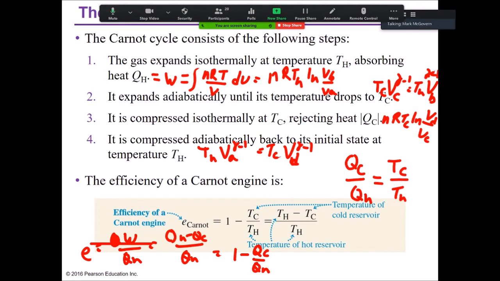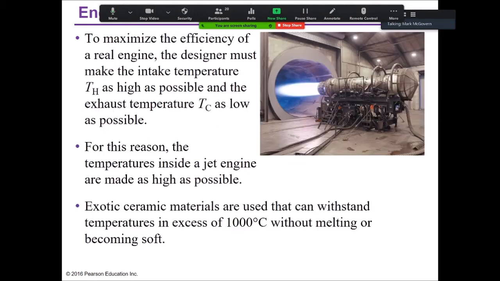Okay, anyway, I just want to emphasize one thing here, that's this relationship. The maximum efficiency engine has this absolutely wonderful proportion. We can relate the heats going in and out to the temperatures of the reservoirs. And that is way more useful, way more practical stuff. Okay, I know there was a lot there.